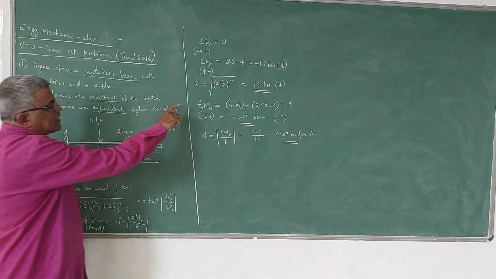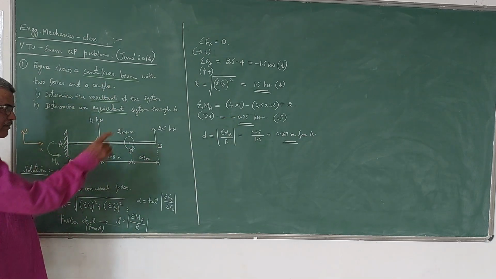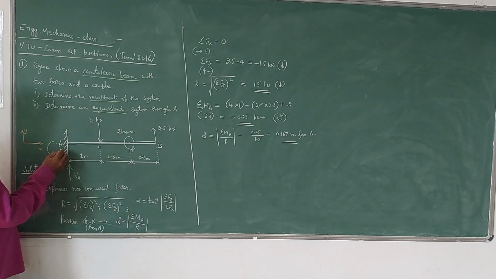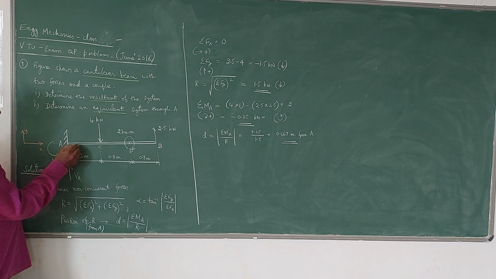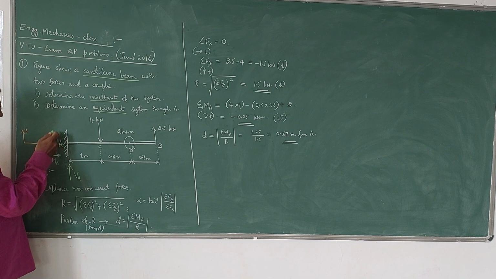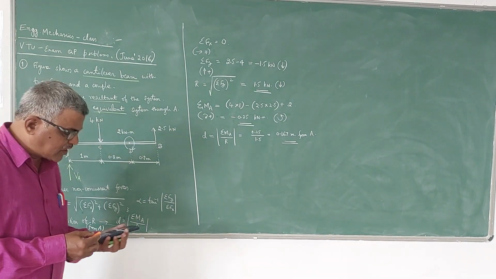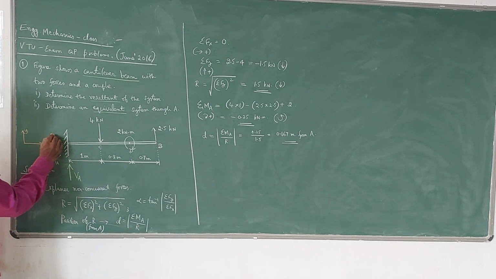Since that resultant is giving an anti-clockwise moment, or sigma MA is anti-clockwise, if I take it here, downward, it gives a clockwise moment. If I take it here, it gives an anti-clockwise moment. That means the resultant force is acting here.